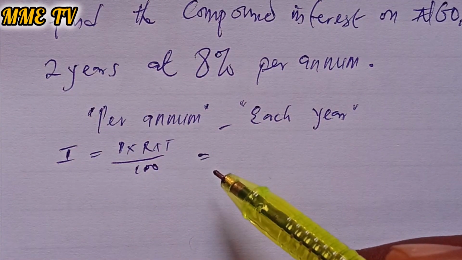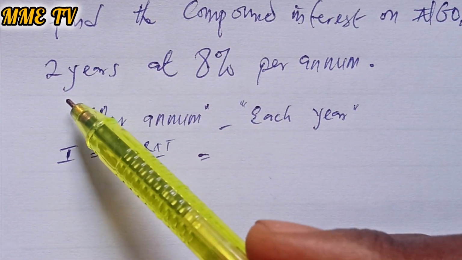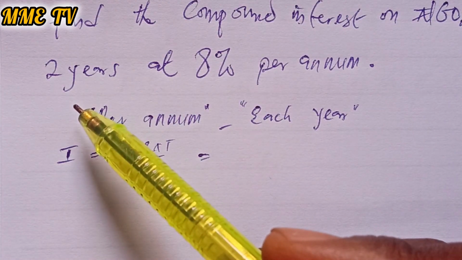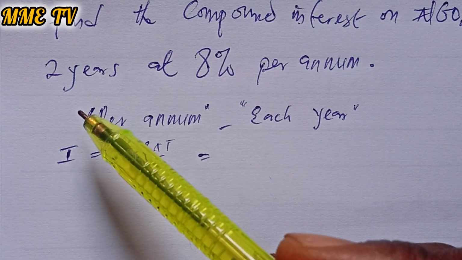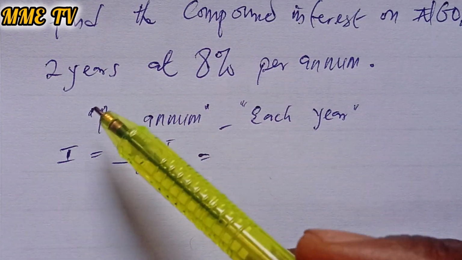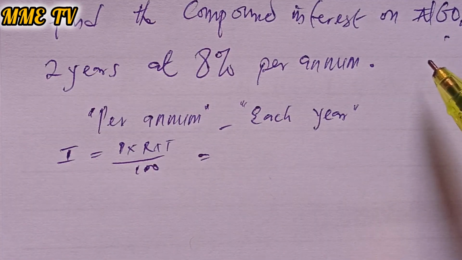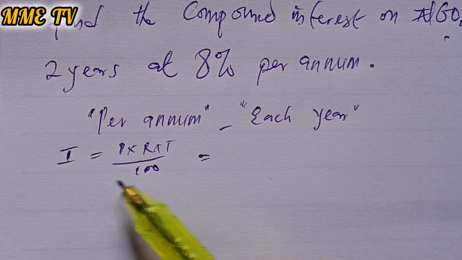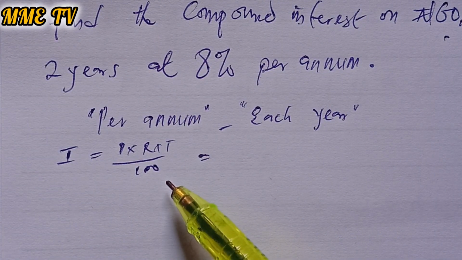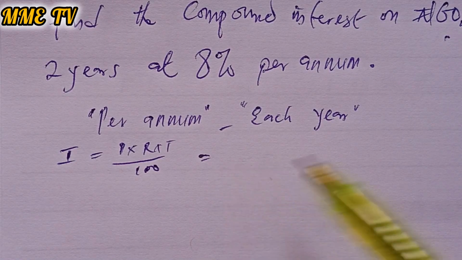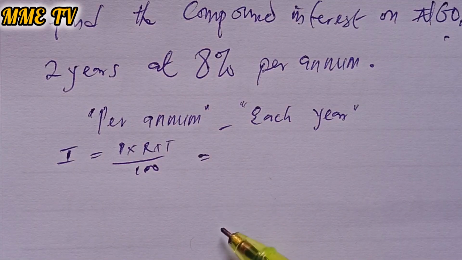But in compound interest, if you are given 2 years, it means that after solving for the first year, the total money is going to be based on the amount which you are given plus the interest which you have gotten. Just like if I'm solving for simple interest and the answer I have gotten is 4,000, I'm going to add 4,000 to my 60,000. That becomes the compound interest for the first year.